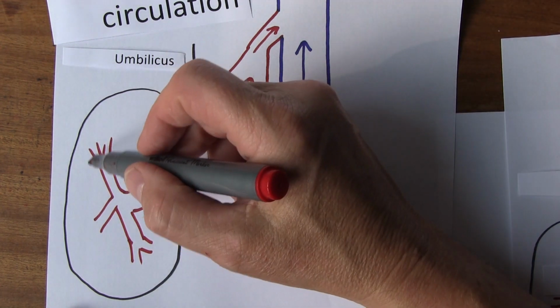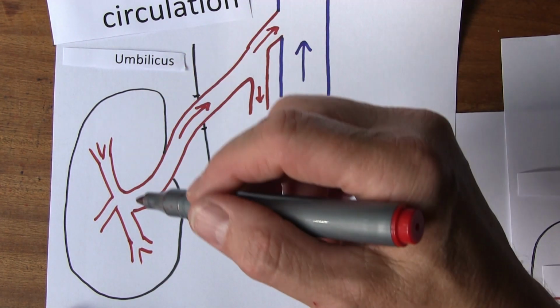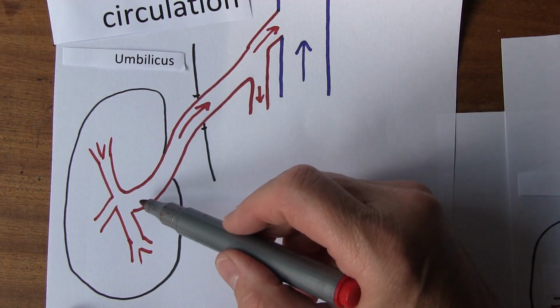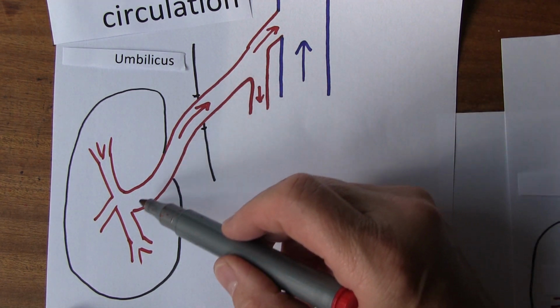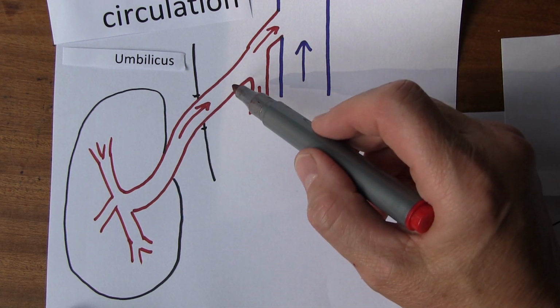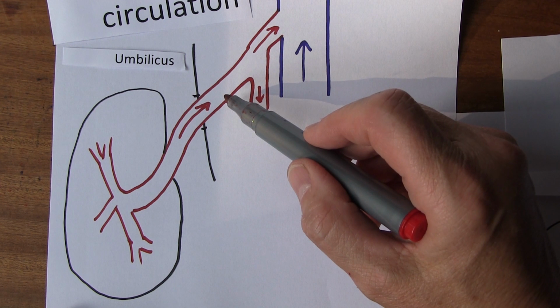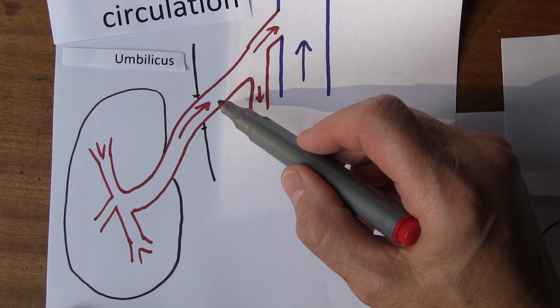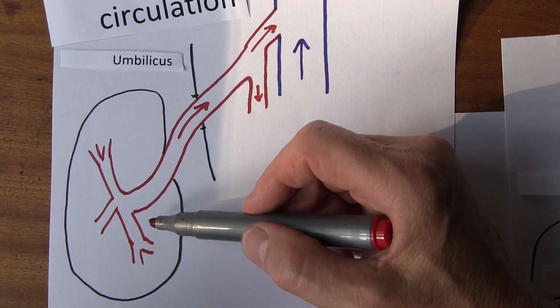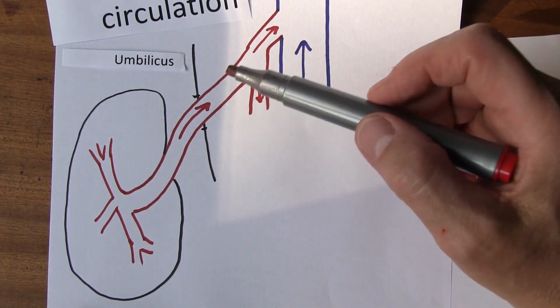So the blood's draining back from the placenta when it's oxygenated. And I've drawn this in red to indicate that it is now fully oxygenated blood coming back from the mum's oxygen supply via the mum's circulation. And of course the fetal haemoglobin has got a higher affinity for oxygen than adult maternal haemoglobin. That's why the oxygen diffuses from the mother into the fetal blood.